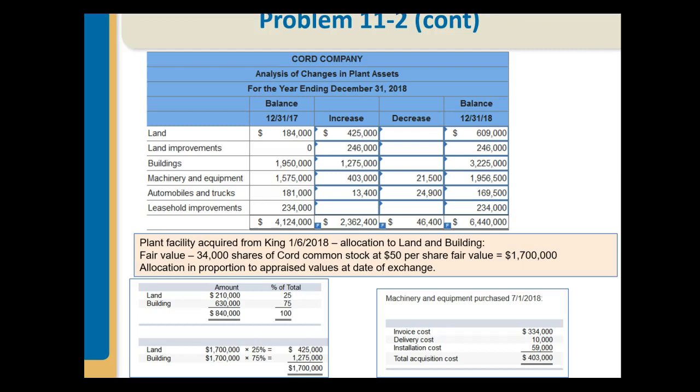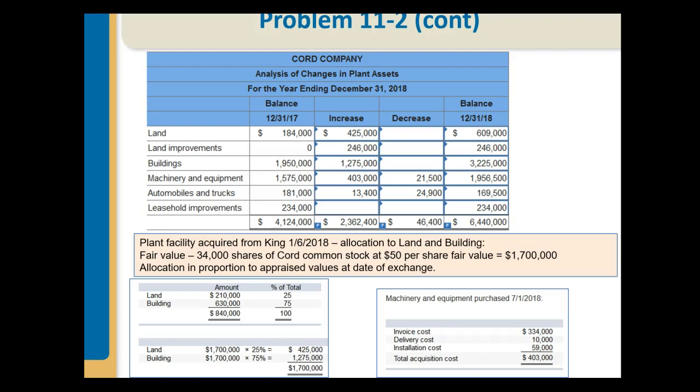So our land has increased during the year, $425,000. It began at $184,000. That increase of $425,000 gives us an ending balance of $609,000 as of the end of 2018.